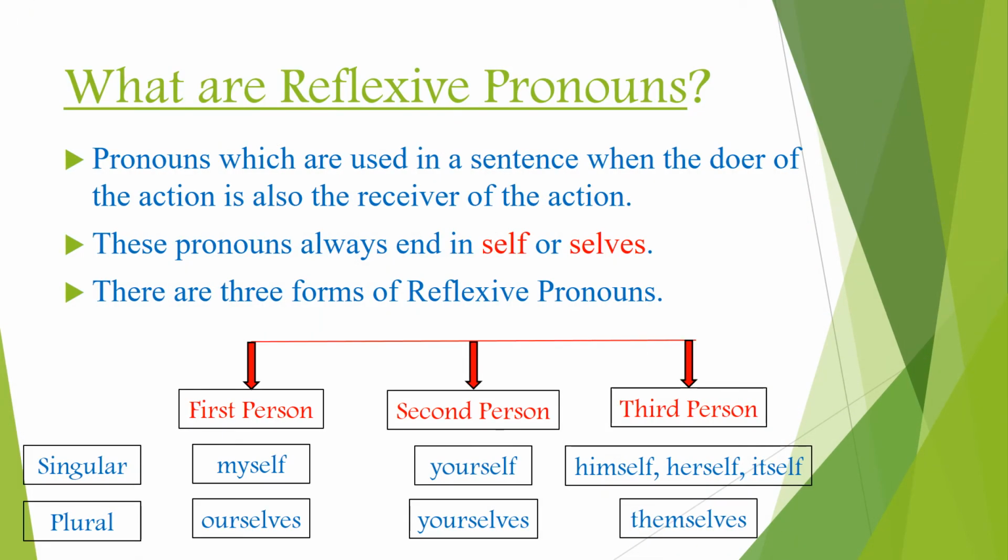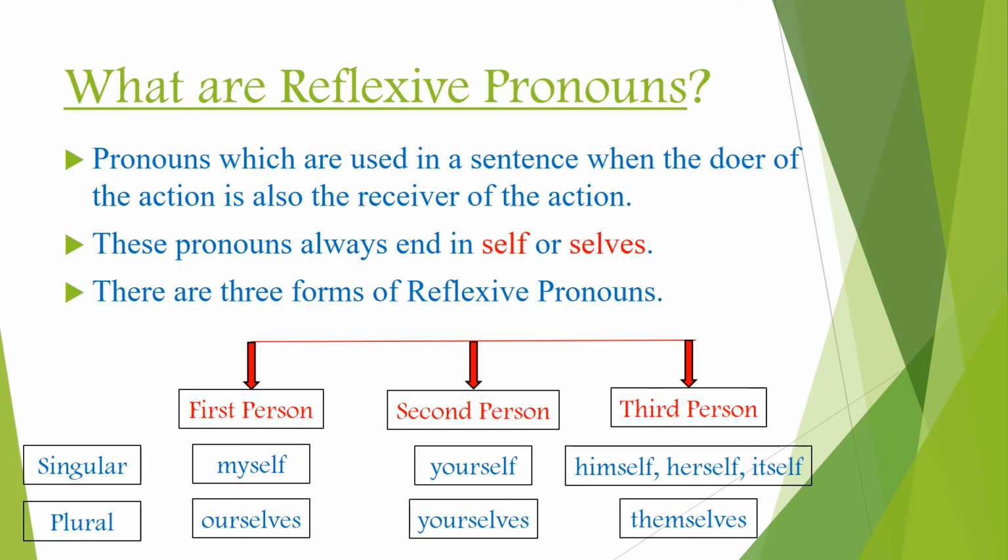Now, let's move on to the next type of pronoun, which is the reflexive pronoun. And let's read what reflexive pronouns are. Reflexive pronouns are pronouns that are used in a sentence when the doer of the action is also the receiver of the action.